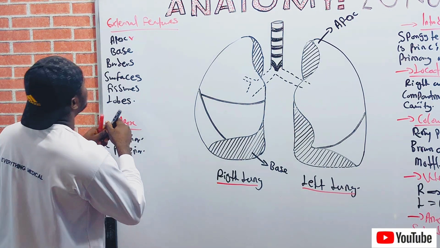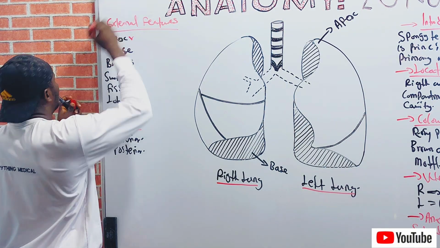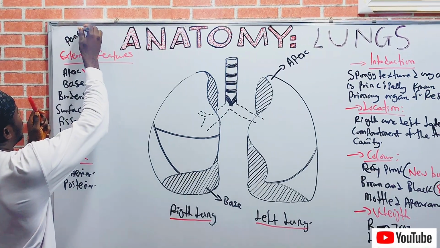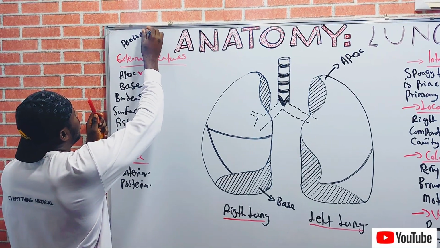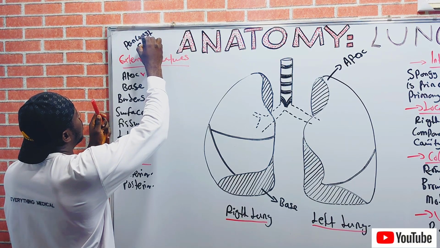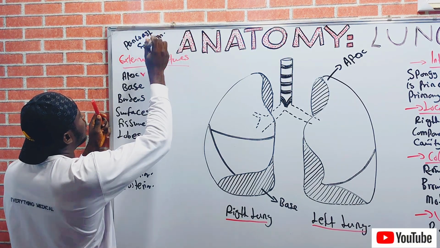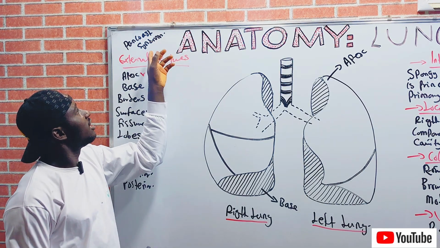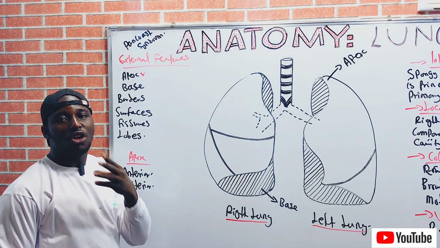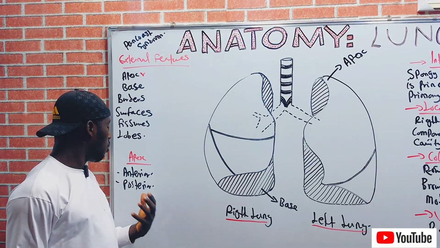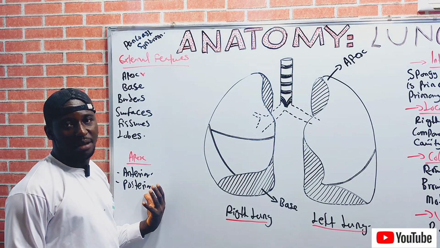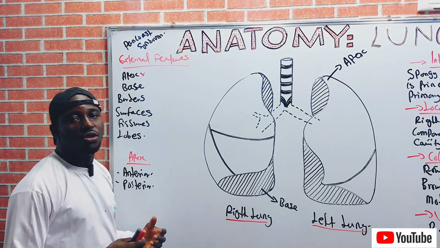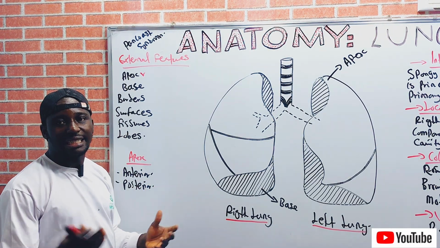The Pancoast syndrome. The Pancoast syndrome occurs as a result of the compression of those structures that form the posterior relation of the lung apex due to the lung apex cancer, that is the cancer of the lung apex.